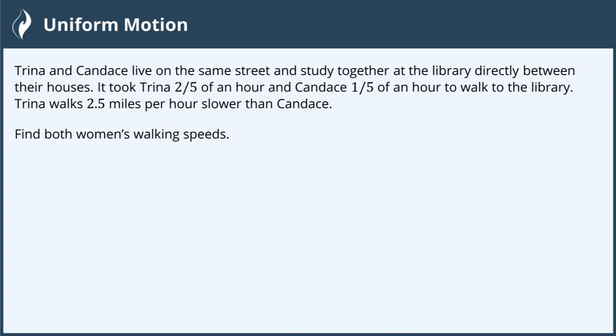So one of the things that's really helpful for me is to draw a quick picture of what's going on. If we have Trina's house here and Candace's house over here, then we know that the library is going to fall directly between the two houses, because that's what the problem told us. So we can draw a line to connect them, and the library has to be right in between.